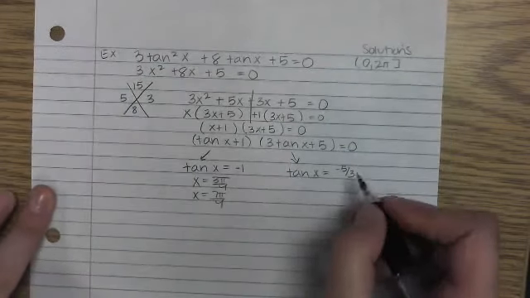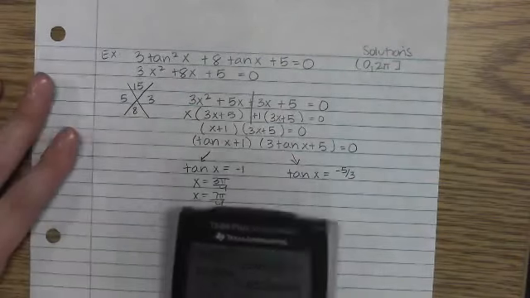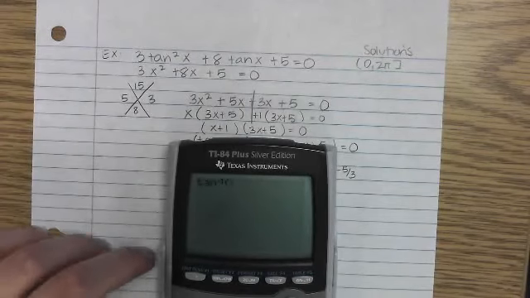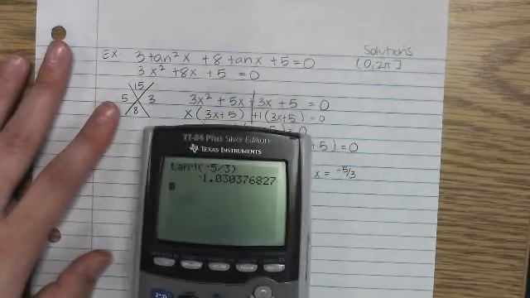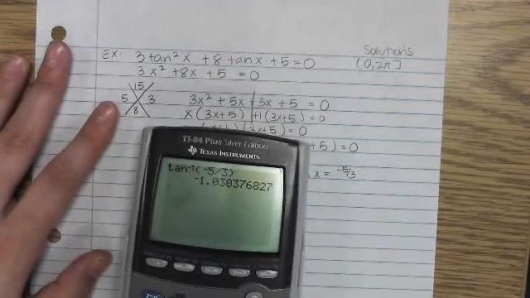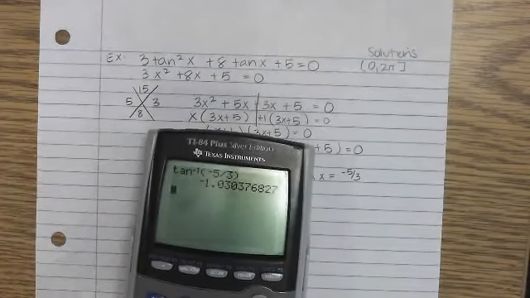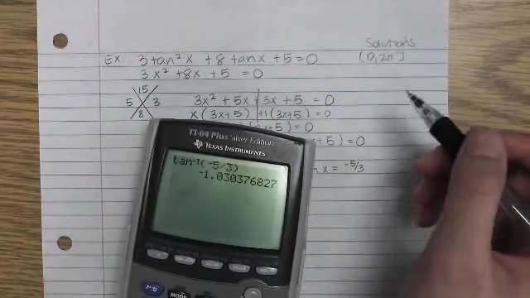Okay, and then what should we do over here? Alright, so tan inverse of -5/3. Should I even write this answer down? No. Why should I not write this answer down? It's negative, it's not in the interval. How do I find the next answer?